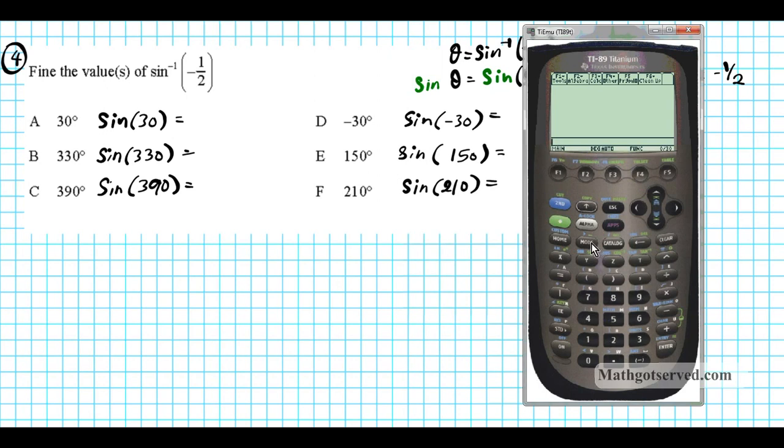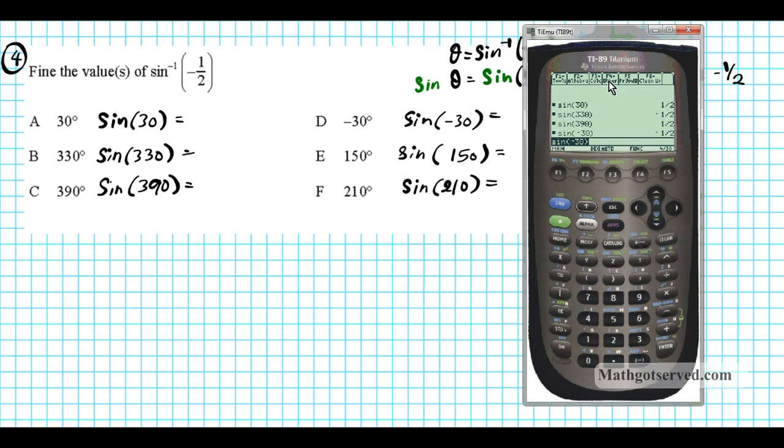All right, so let's go ahead and do this. Sine of 30 is 1/2, no good. Sine of 330, negative 1/2, that's good. Sine of 390, 1/2, that's no good. Sine of negative 30, negative 1/2, that's good.